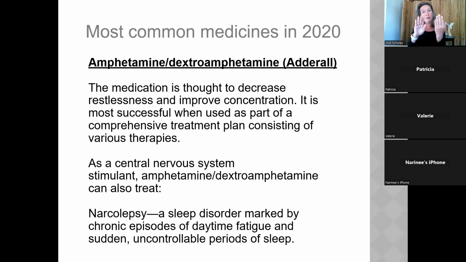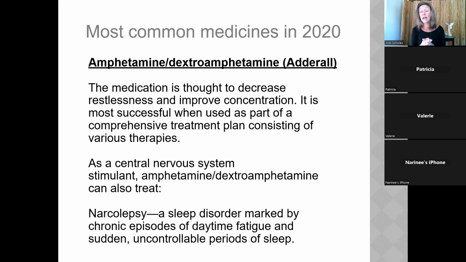The restlessness also has a flip side. So we've talked about reciprocal muscle groups, right? Front and back. This drug also has a flip side. The child can be restless, but this drug is also used for narcolepsy, which is sudden, uncontrollable falling asleep. This drug can help regulate the central nervous system in both cases.